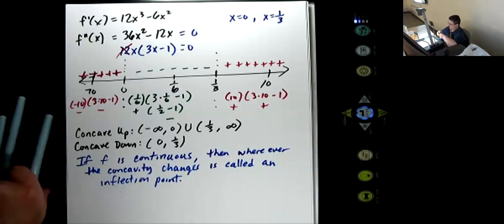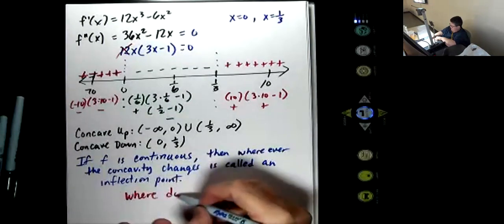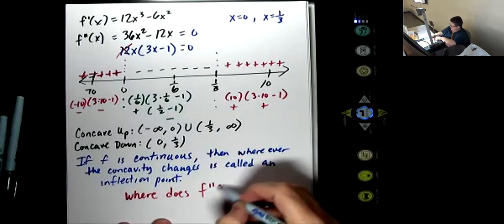So a handy way of just looking at this is, where does f prime of x change signs? Not f prime, double prime.